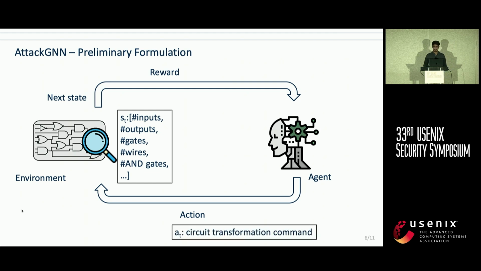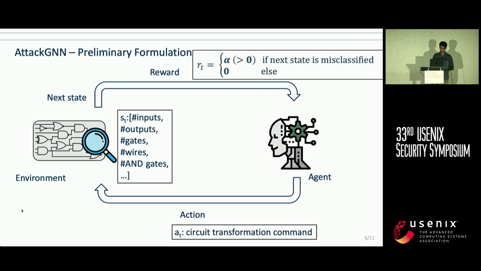Now for action, we define the action as what is called a circuit transformation command. An example is the rewrite action in the open source ABC compiler tool. These are synthesis directives or commands that can be used to restructure circuits. Another example of an action could be refactor, which is again a command in the ABC synthesis tool.